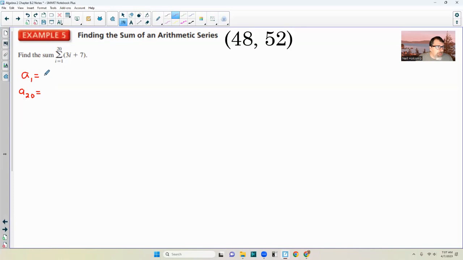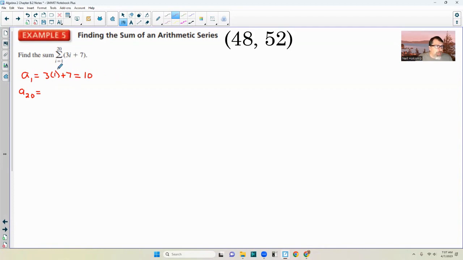So A sub 1 equals 3I plus 7, where I is going to be 1. It's 3 times 1 plus 7. And 3 times 1 is 3, plus 7 is 10. Okay, so A sub 1 equals 10.